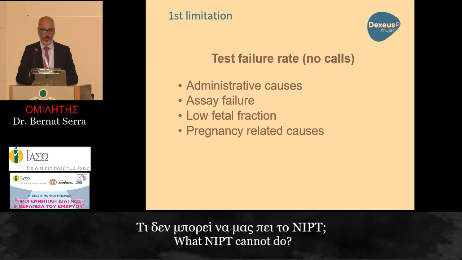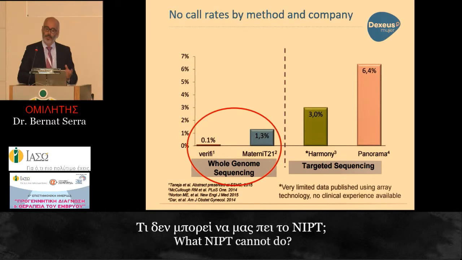It could be due to assay failures: DNA extraction does not succeed, the amplification does not work, the sequencing goes wrong, and so on. These two causes are really very seldom, unless the laboratory is a disaster, but usually they are not. So the most frequent cause of no calls is a low fetal fraction. And the amount of no calls may differ between the different approaches.